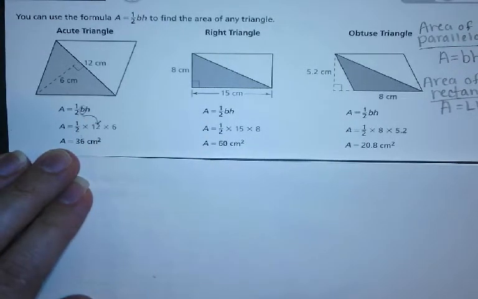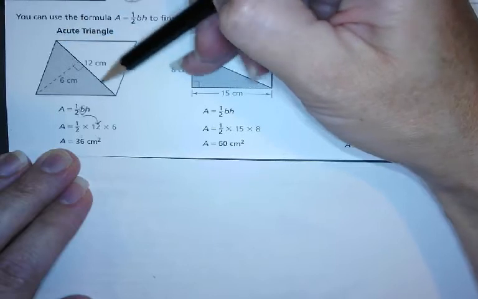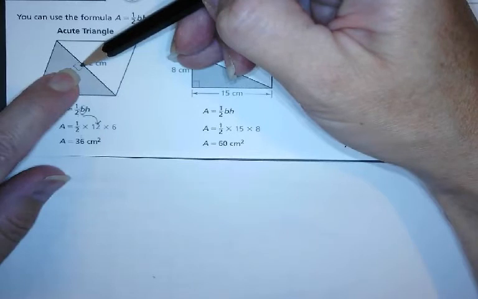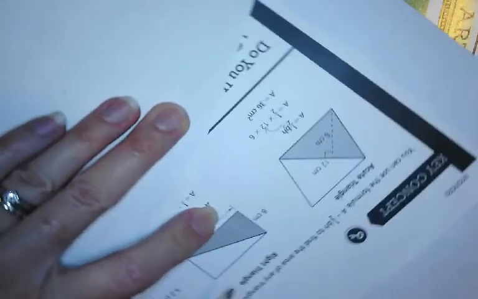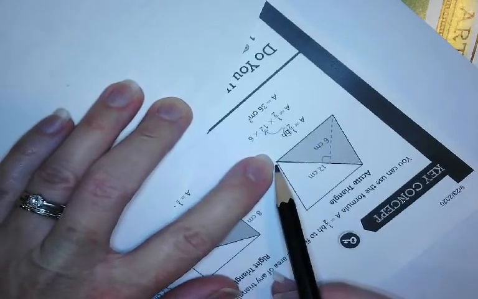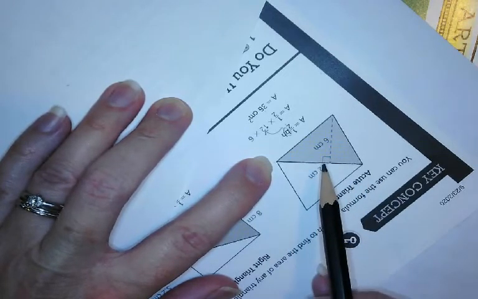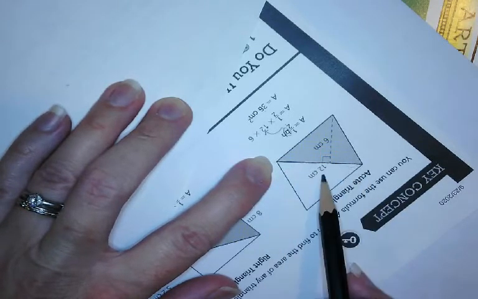So something important to know about the base of the triangle. The base is the horizontal line, okay, that runs along where the right angle is. So if we turned this, okay, so now it would be horizontal to that right angle. So this is the base right here, which is the 12.